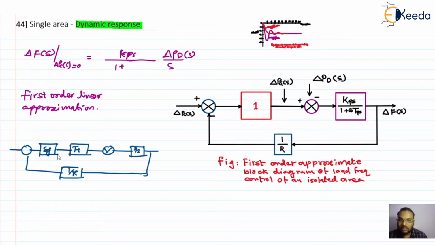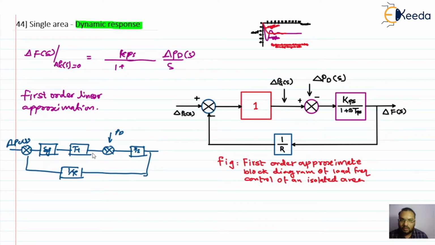This is how the actual block diagram for the alternator looks. We have modeled this earlier. Here we give the incremental load, and here we change the commanded output power. We have discussed this already.